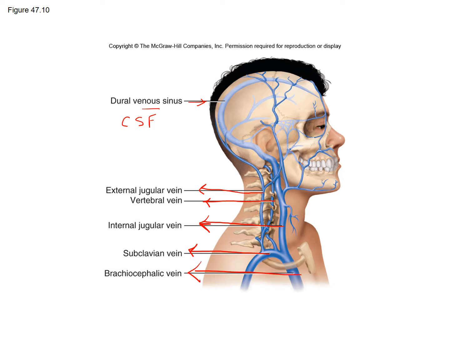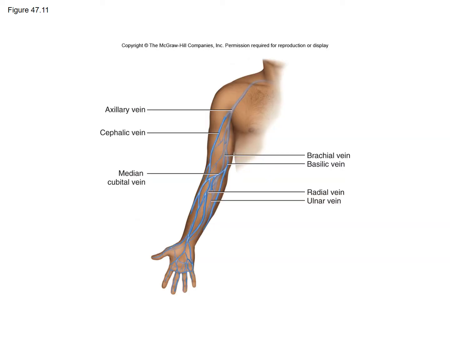So same thing like with the artery, we had the brachiocephalic artery giving subclavian, but the difference is the common carotid artery will be divided into external and internal, but in this case the venous system is going to give you internal jugular and external.